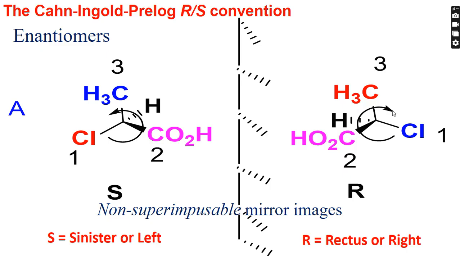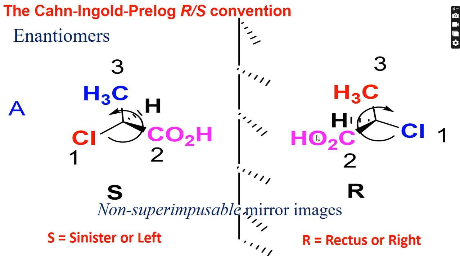Rectus means a right-handed molecule. When you view the molecule with the fourth group in the back and the priority order goes clockwise, it is R. R means rectus, or right-handed.